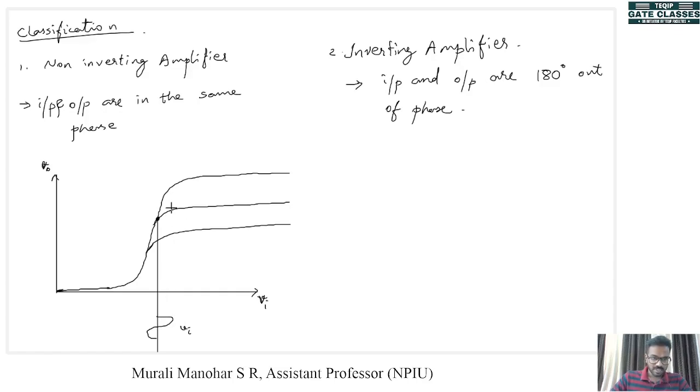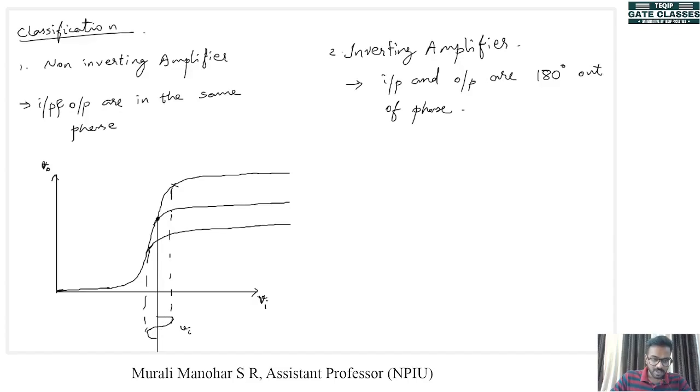If you project this to the characteristics, we can see that the input reaches here, this reaches here. That means once the input has increased this much voltage, this is the change in input. So if input increases up to this level, the output will increase to this level.